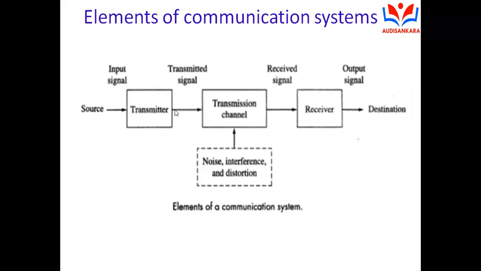Whenever the distance is long, there is no possibility to attach this physical path between the transmitter and receiver. So whenever the distance is high between the transmitter and receiver, a connectionless communication system is used.